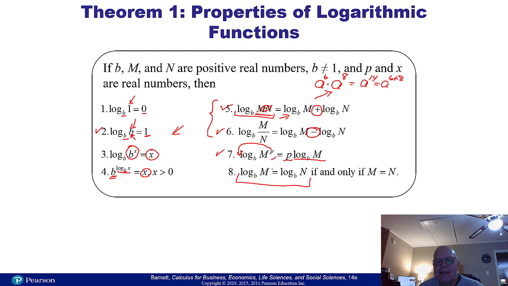Well, if you end up with the same number, you must have started with the same exponent, right? And that means these numbers have to be the same if the exponents are the same. Remember, these are exponents, and the only way that's going to happen, b to a power, if these are the same, then the x and the y have to have been the same, and these two originals are the same.